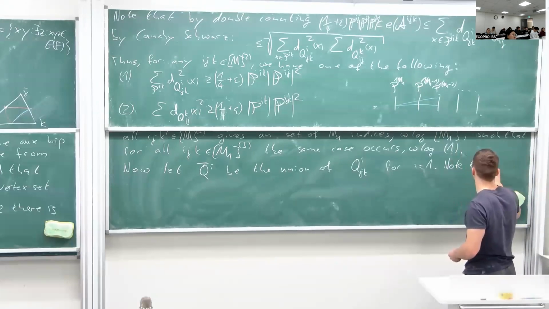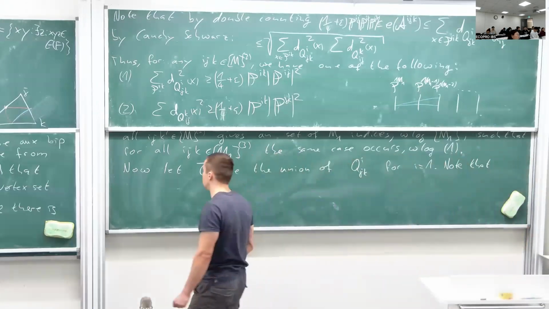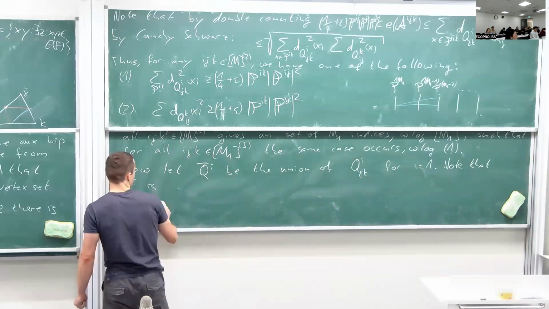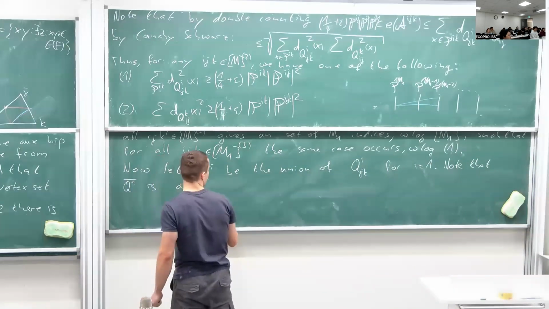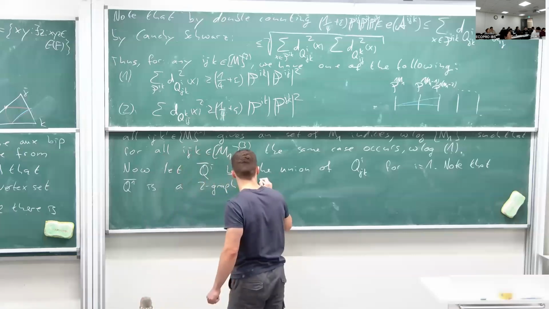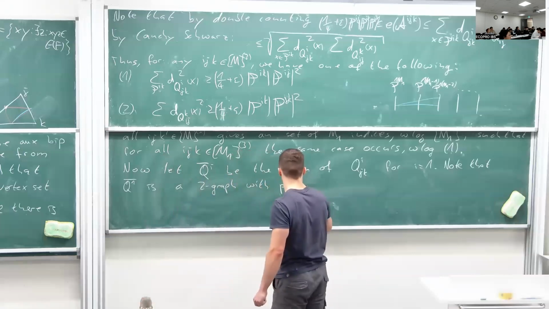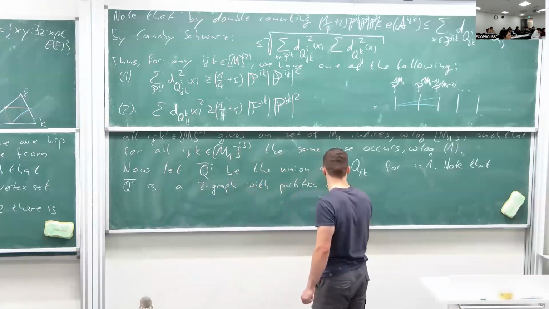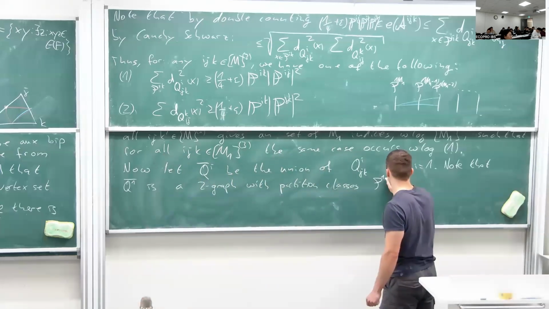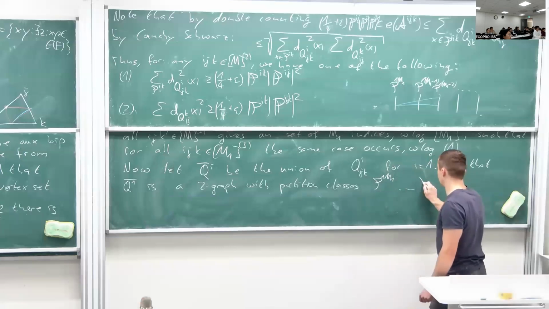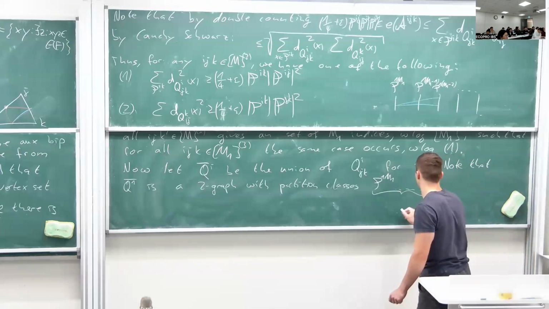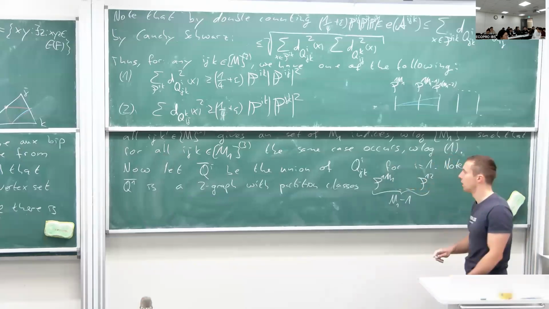Note that Q1 bar is the graph with partition classes P1,1 down to P1,2, so this is M1 minus 1.